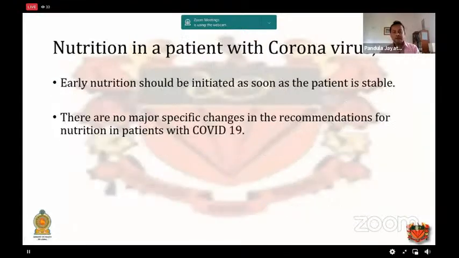In these days we are talking about COVID-19 patients. We have to start nutrition as early as possible. Most patients you can give oral feeding or NG feeding, but if patients are intubated, you have to go for NG feeding or parenteral nutrition if indicated.